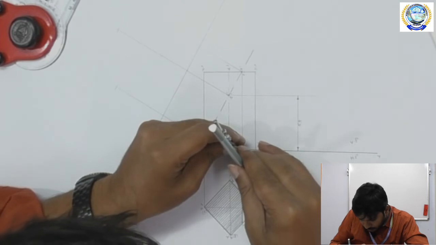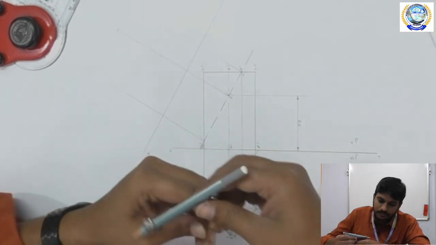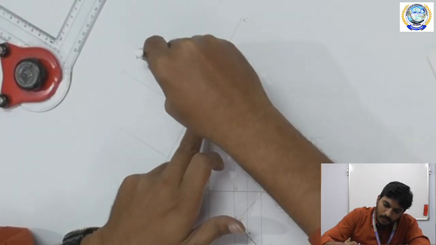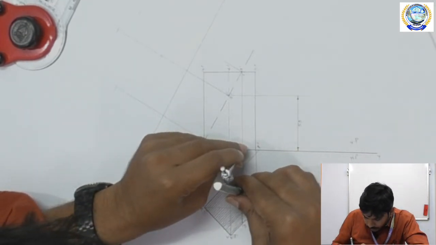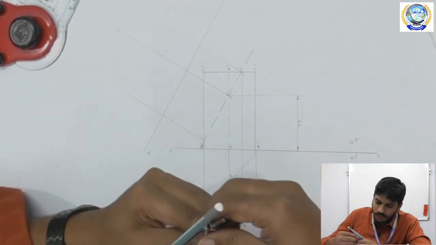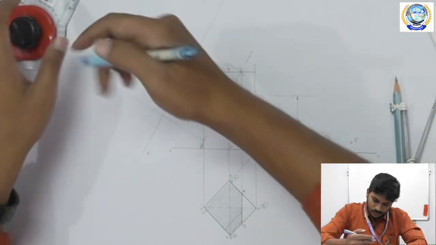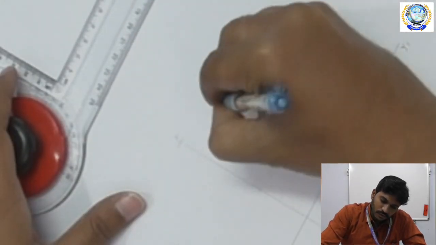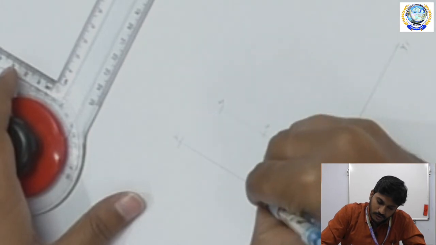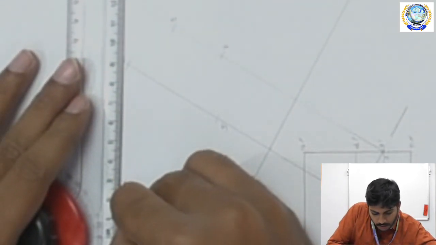Again from base to 3, next base to 4. These are the points here. This one is 1, 2, 3, 4 and 5. These 5 points are joined by a line.